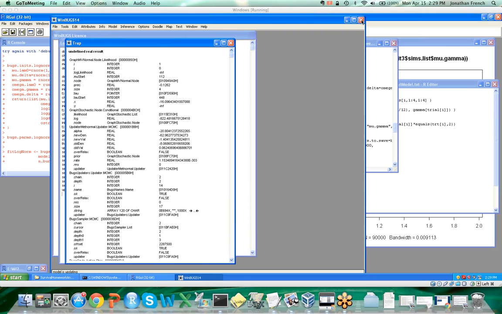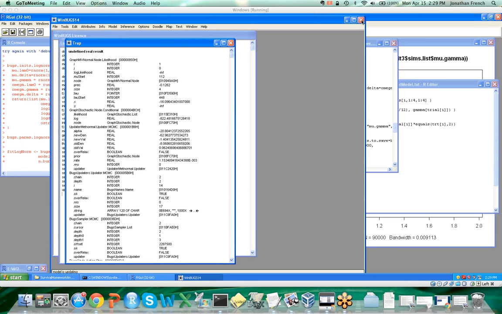If you've taken any of the other BUGS courses, either through Metrum Institute or through other places, you probably would have come across DIC. If you haven't, you can think of DIC as a measure of an information criterion, not unlike Akaike's information criterion or AIC. The idea is it's a measure of model fit that penalizes you for the number of parameters. So there's some attempt to push the model fit towards a model that is parsimonious.